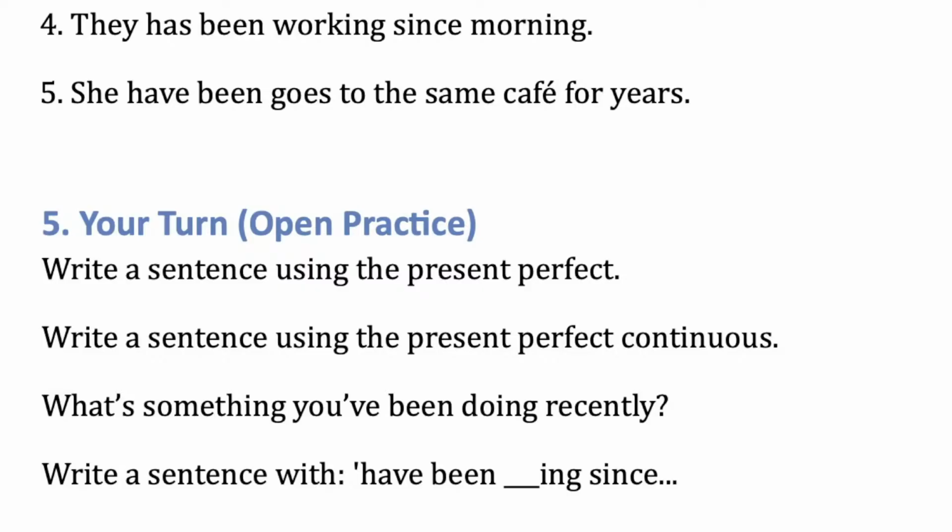She's used that pattern, have been, verb -ing, since, and then time. Early riser. Helga is an early bird. I usually wake up at 5 a.m. 4 a.m. is a little early for me, but I usually get up at 5.